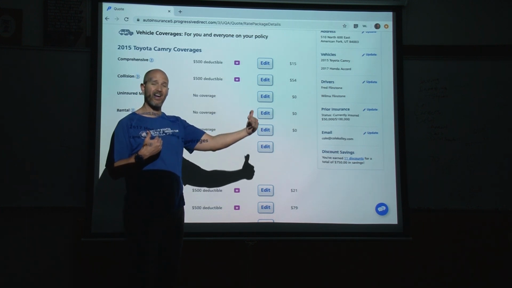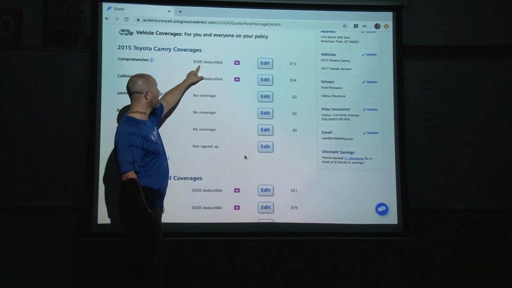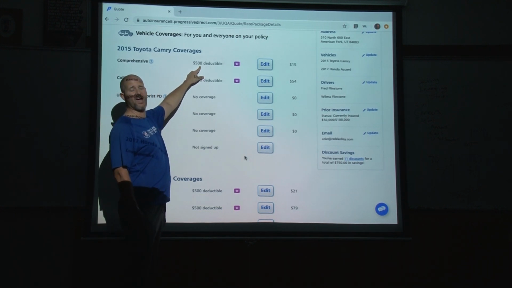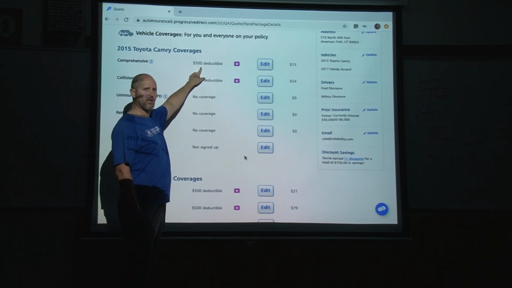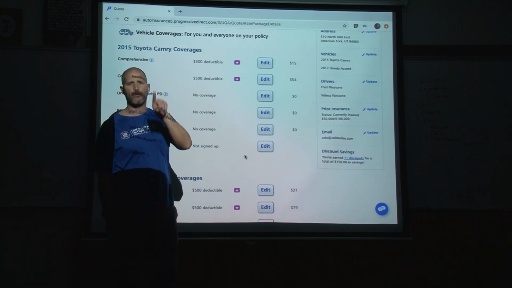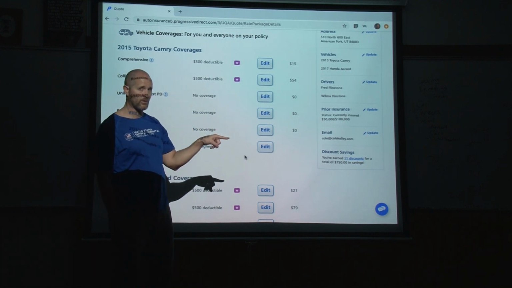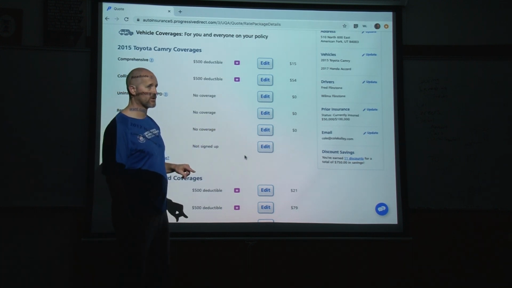So if you go with a higher deductible, your premiums come down, okay? If we have a choice between a $1,000 deductible and a $250 deductible, which one's going to be a higher premium? The $250 deductible is going to be a higher premium than the $1,000, okay?